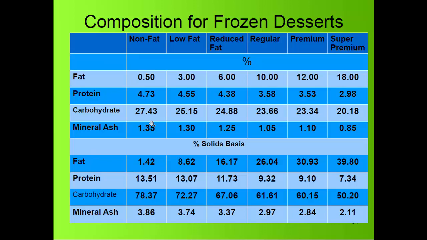So don't forget, this is the sugar, whether it's corn syrup, table sugar, or the lactose, and then we have some mineral ash. And if we look at super premium, about 18% fat, about 3% protein, about 20% carbohydrates or sugars, and about 0.85 mineral ash.